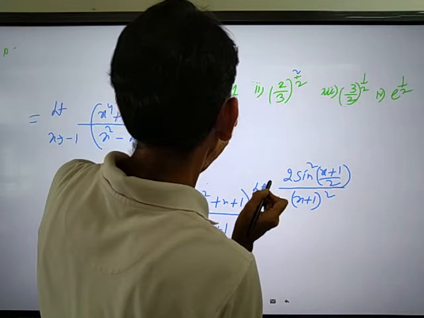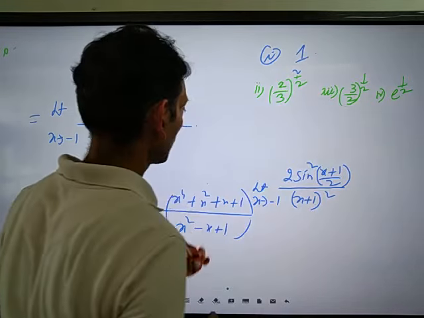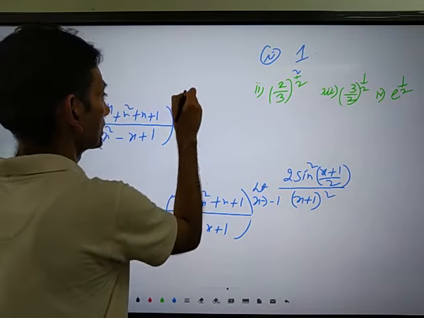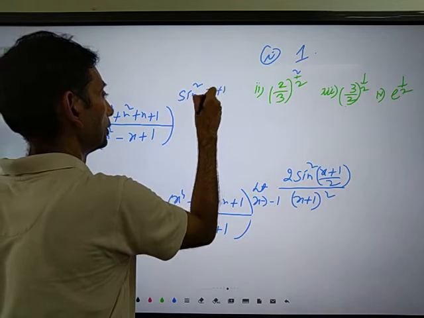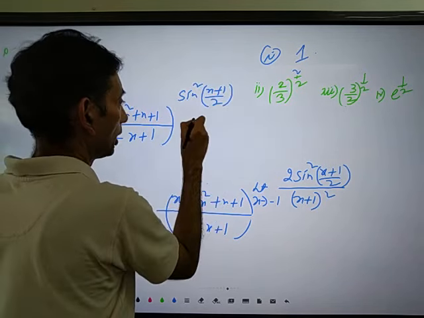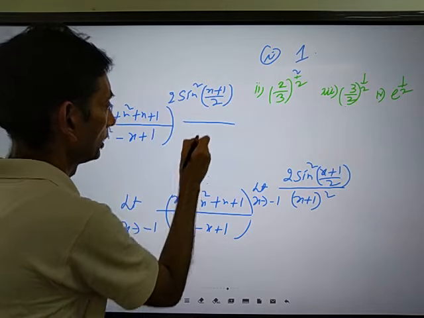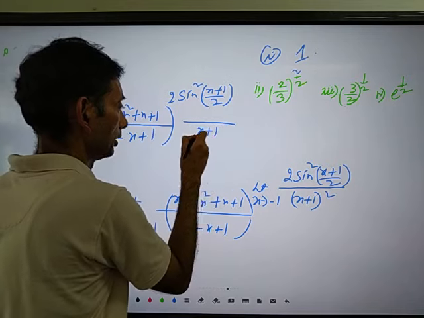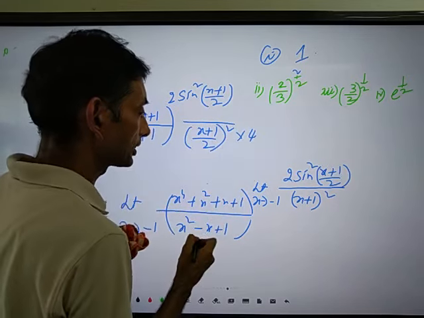Just write this expression as sine squared((x plus 1) by 2). So denominator, okay, this 2 is there. Let me write 2 there only. So this (x plus 1) by 2, I'm just going to write square to 4, and limit is there, of course.